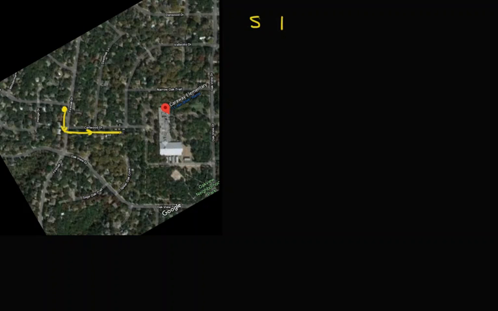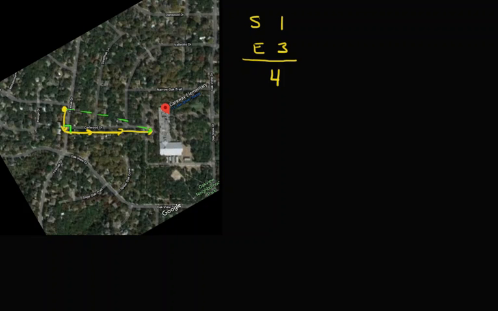east 1, 2, 3 blocks. All right, so she would have gone a distance of 4 blocks, right? But she has a displacement of this.